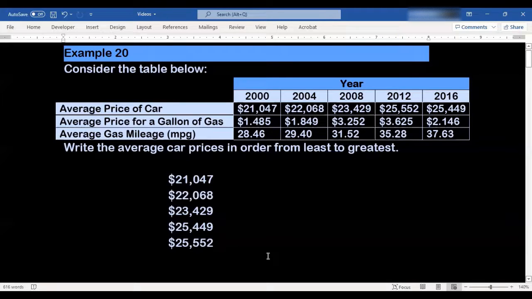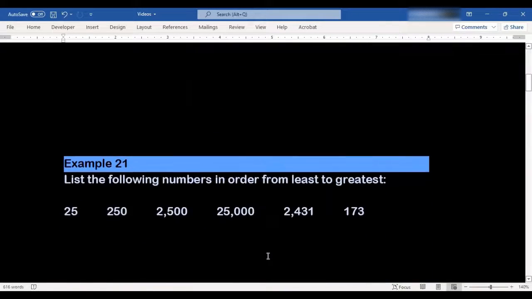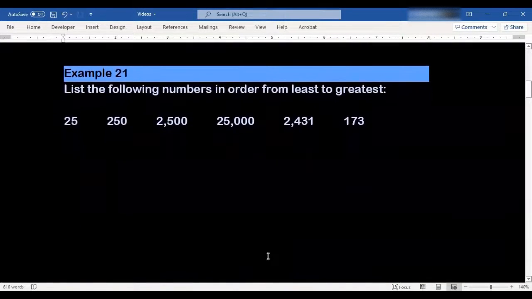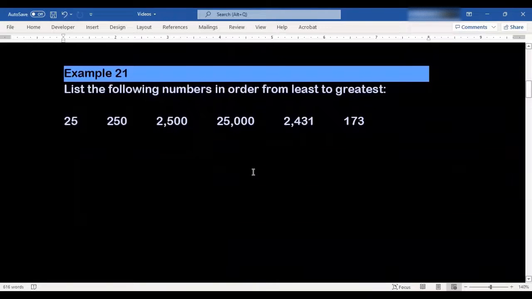Okay, let's look at an example where the numbers are not all the same length. So we have various lengths to the numbers. Here we've got a bunch of numbers, and again, we're going to put these numbers in order from least to greatest, from smallest to largest. Once again, when we're comparing whole numbers, we can use the length to guide us.